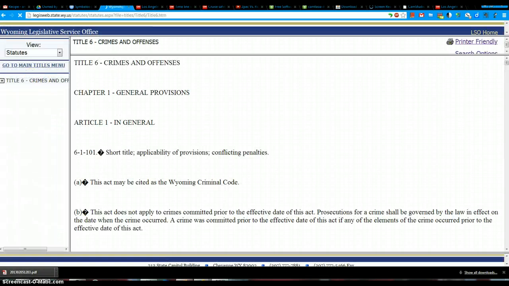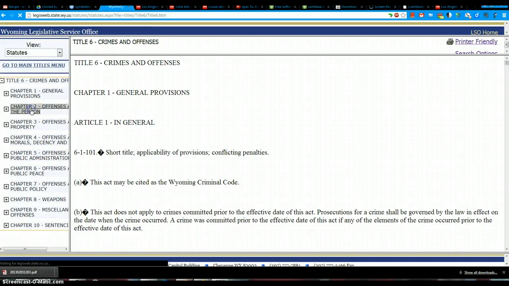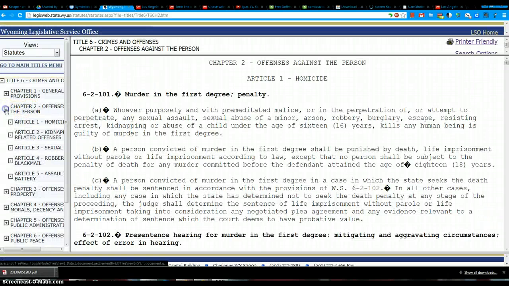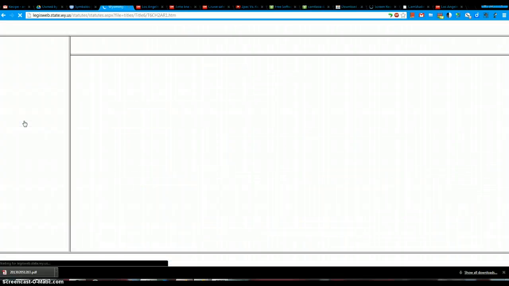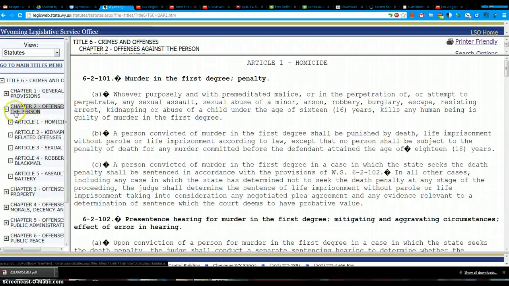Title 6, Crimes and Offenses, and then Chapter 2, Offenses Against the Person. Again, this is all a lot easier if you expand these little plus and minus boxes. So, Article 1 is homicide, and you'll notice the first one here is first degree murder, gives us a definition, and tells us the punishment.